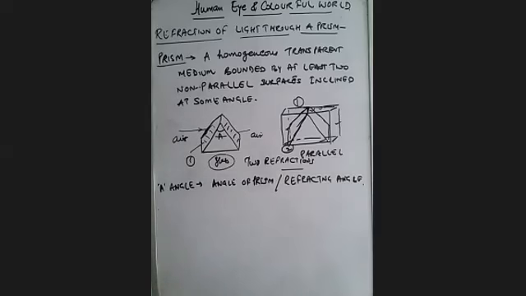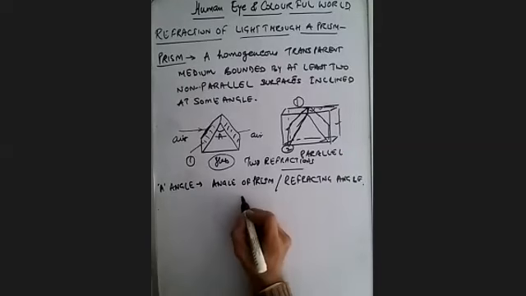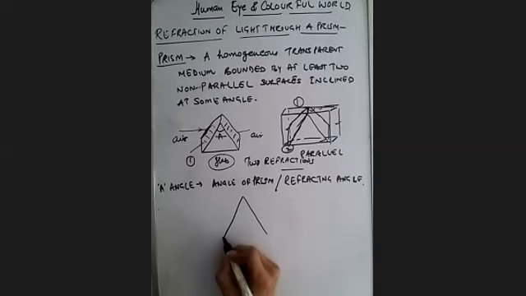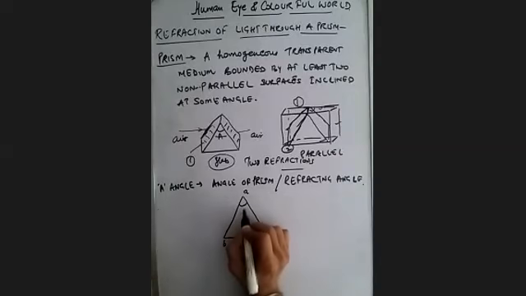Now let us see how a ray of light is refracted when it is incident at any one of the surfaces of the prism. In a prism, the front view will look like a triangle. Suppose this is A, this is B, and this is C, and this is the refracting angle or angle of prism.